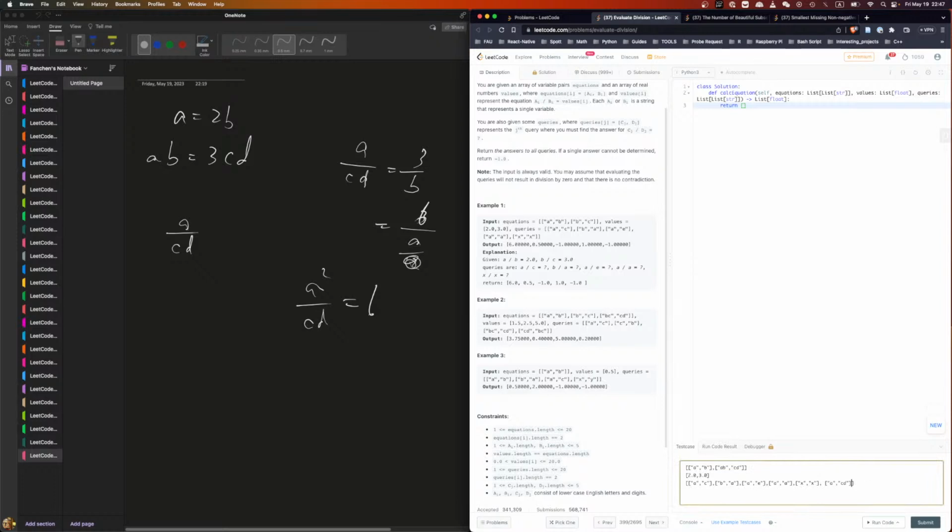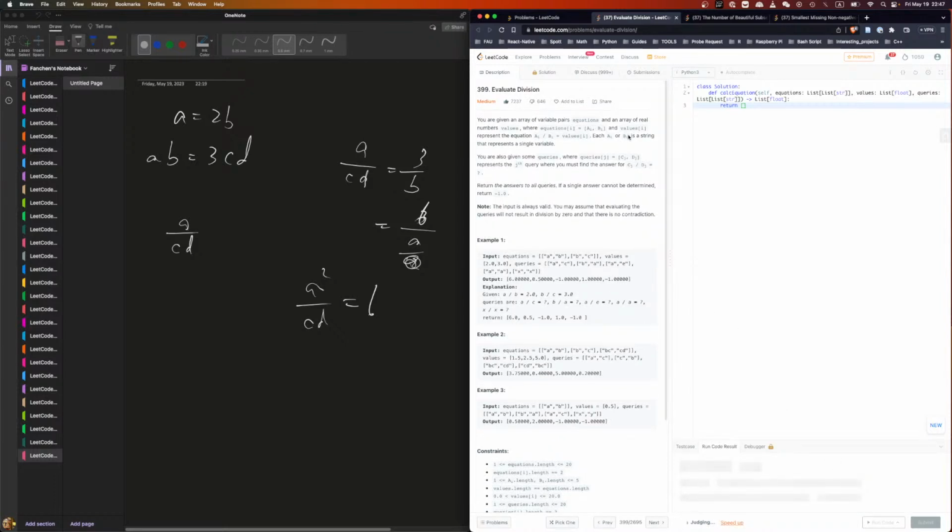Does that mean multiply? Let me look again. Given an array, equation of an array of real numbers is a string that represents a single variable. Oh, scared the hell out of me. I was so scared.